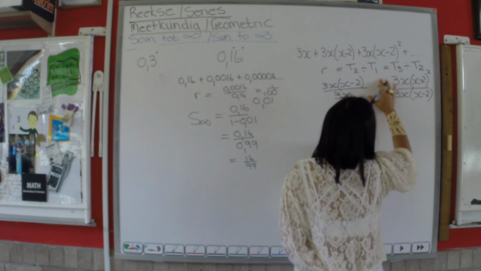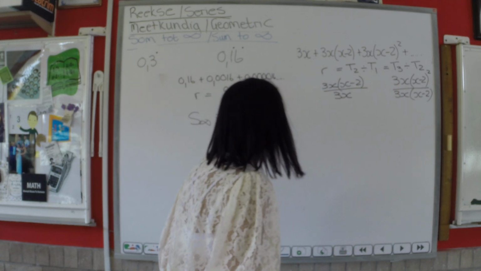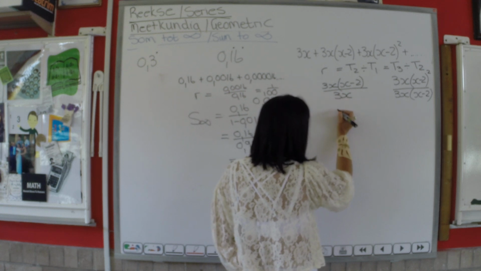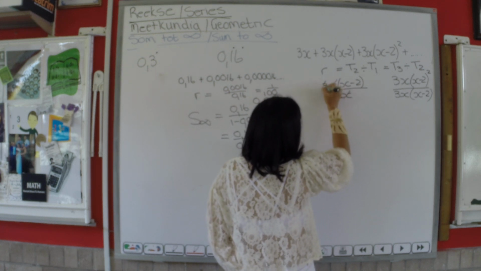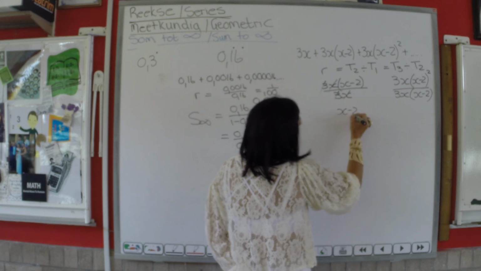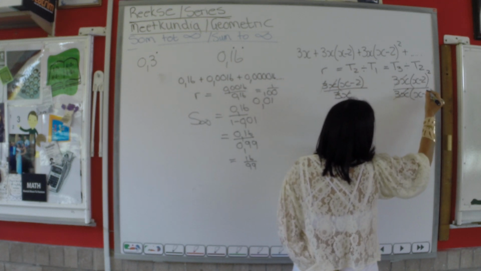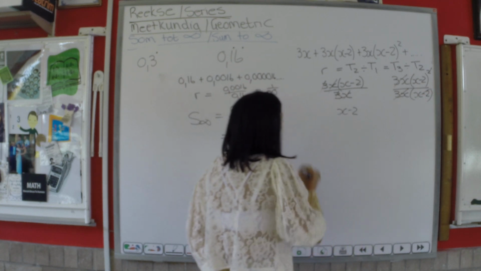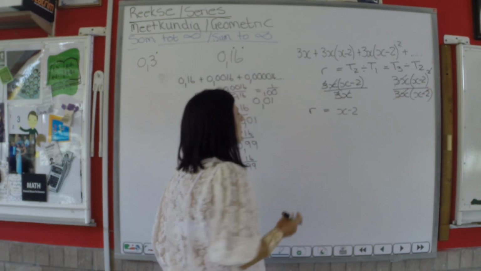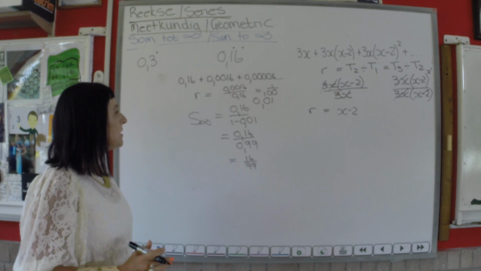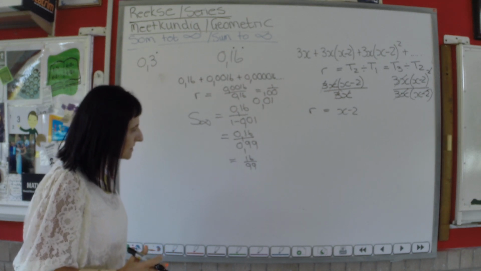That must all be equal to each other. So let's quickly see what's the value of r. So the value of r is going to be x minus 2. And I agree with that because if you calculate this, it's also going to be x minus 2. So the value of r equals x minus 2. It's a converging geometric series.